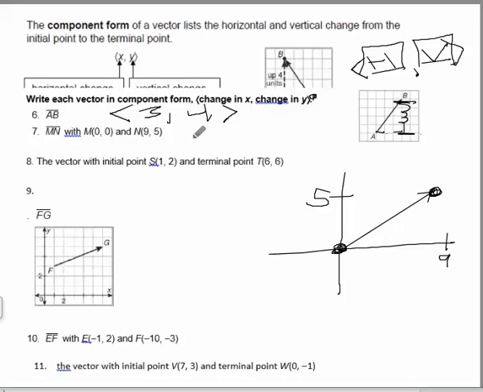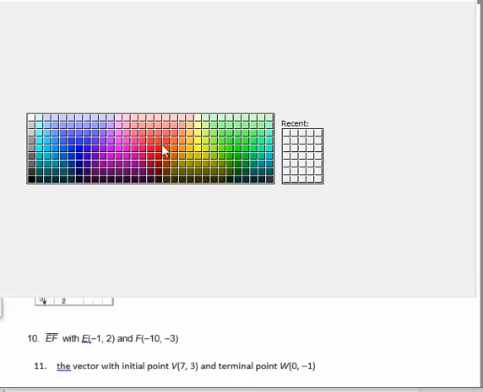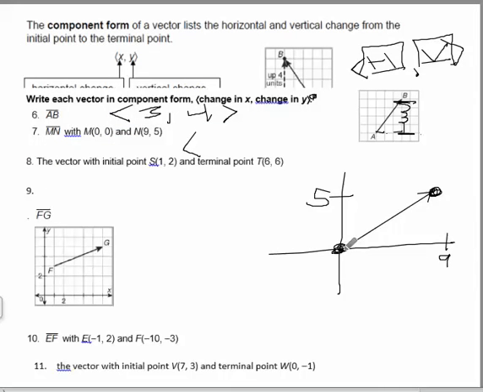You have to figure out how far it went from the initial point, which I'll color purple here, to the black dot. We can see that it went over 9 units and up 5 units. So you'd put in <9, 5> for your component form.